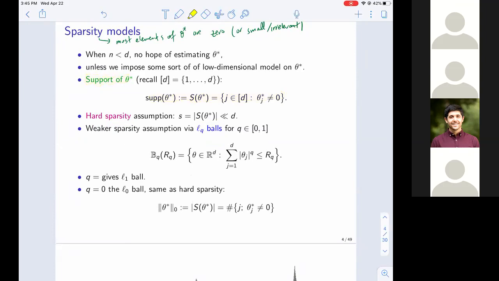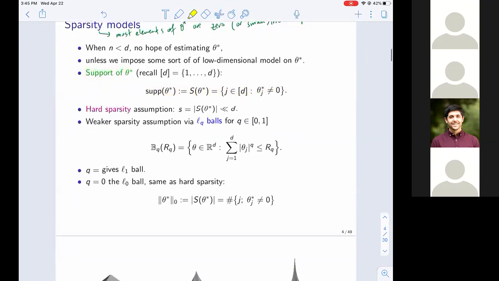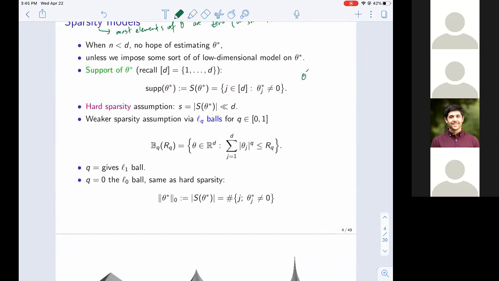For a very simple example, suppose theta star is 0, 1, 2, 0, 0, 5. Then the support of theta star is just the indices of these elements.